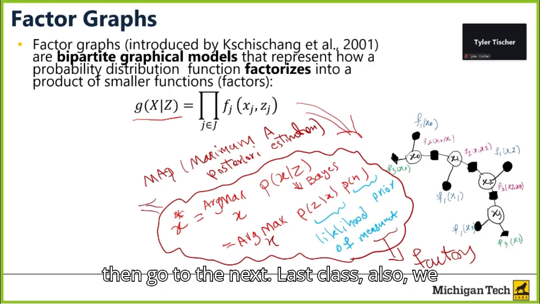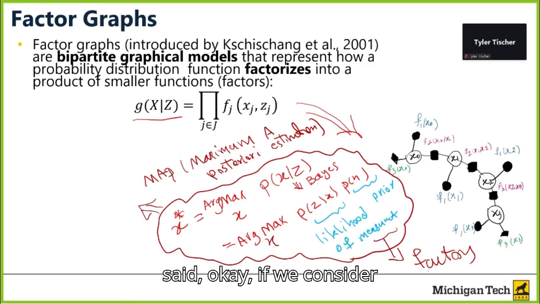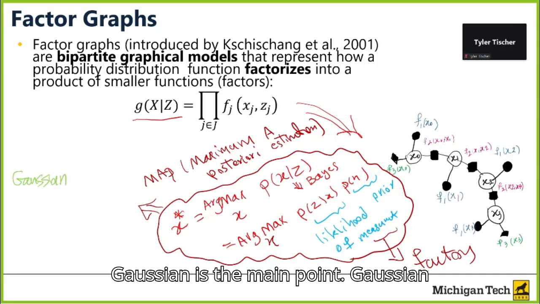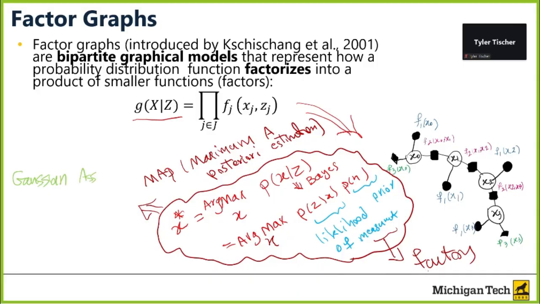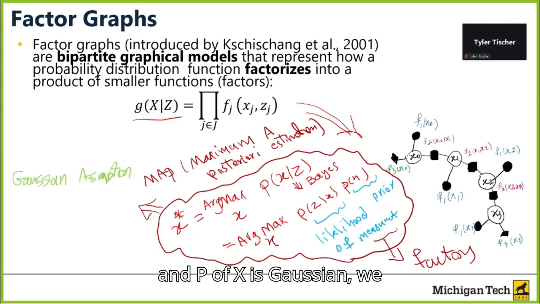Last class we also talked about how we can solve that. We said, okay, if we consider Gaussian, that is the main point. The Gaussian assumption is going to help us. If P of Z is Gaussian and P of X is Gaussian, we can write x star equal to actually argmin.